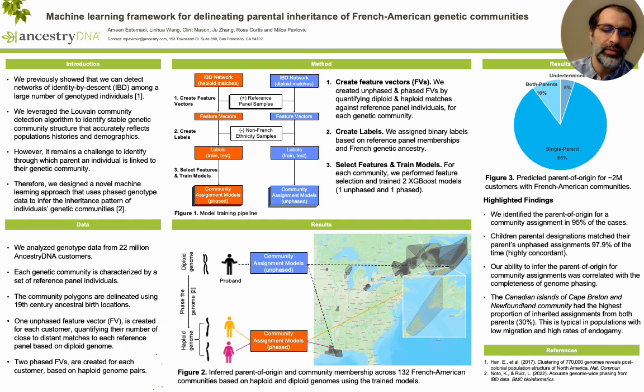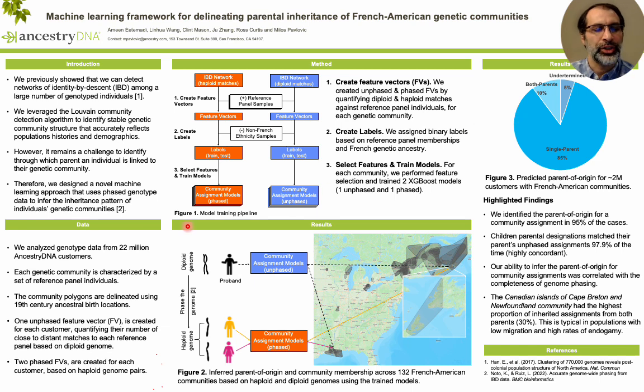We can identify the genetic community that a customer is related to today, but it remains a challenge to identify through which parent an individual is linked to a given genetic community. And so we designed a machine learning approach to address this challenge.